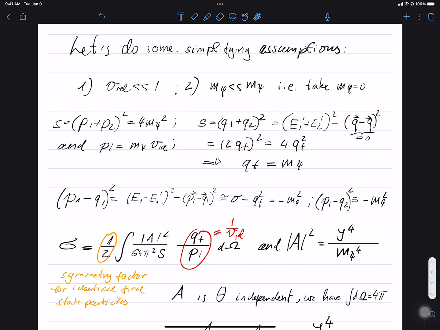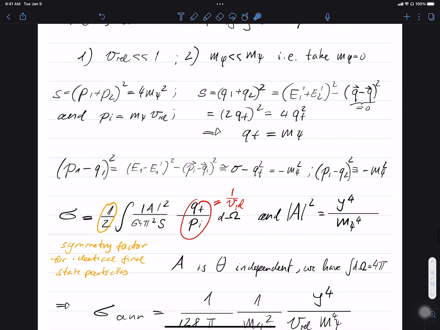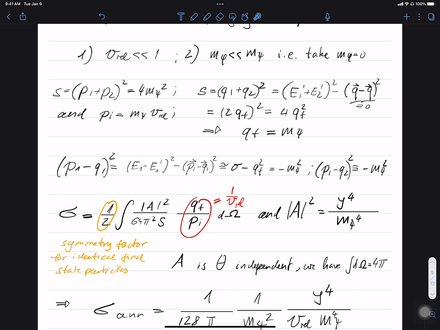We'd only have the sum of the energies squared. But since they're massless, this is just the sum of their final momenta squared. So it's 4 times the final momentum squared equals 4 m psi squared. So the final momentum has to be exactly equal to m psi for those particles. And for u, (p1 - q1) squared, we can do the analogous calculation and find that it's equal to minus m psi squared.